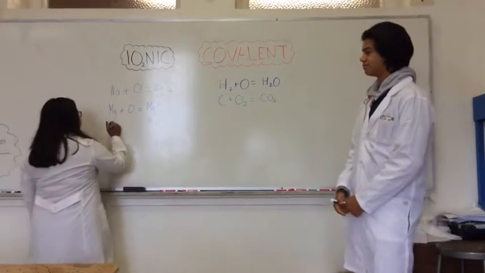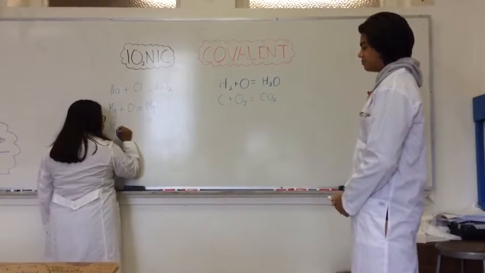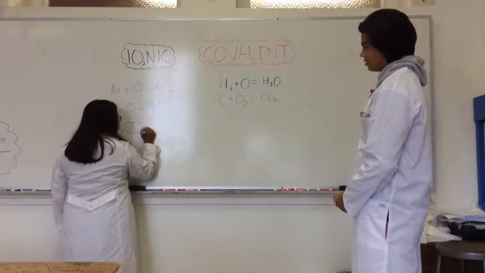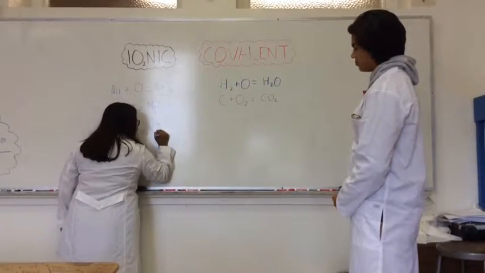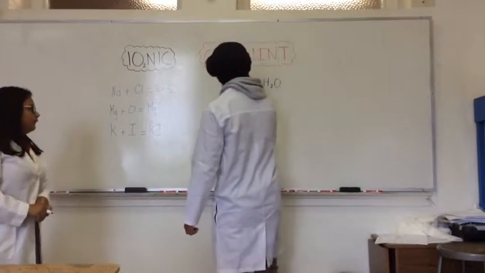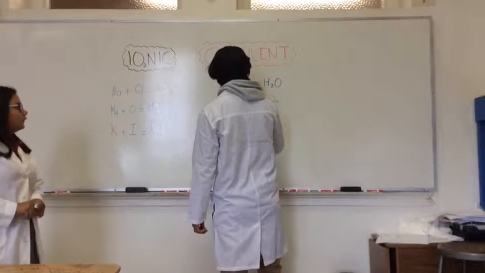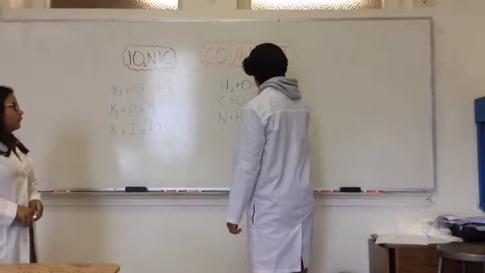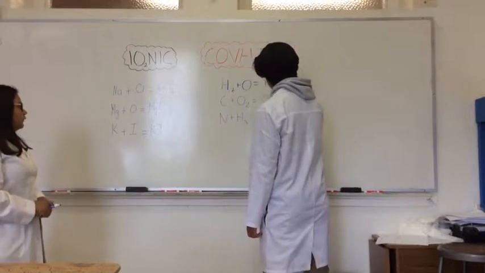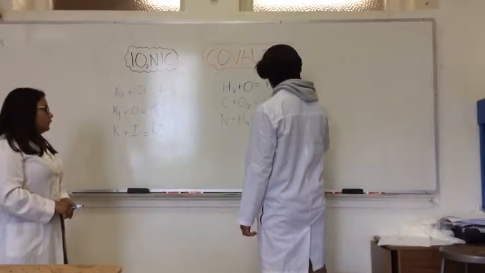If I take potassium, K, plus iodide, I get potassium iodide. If I take N plus H3, it will give me ammonium, NH3.